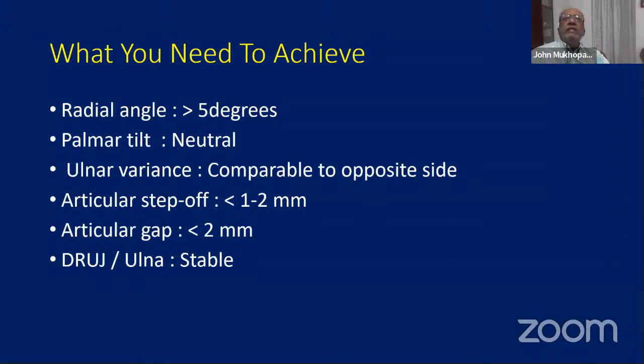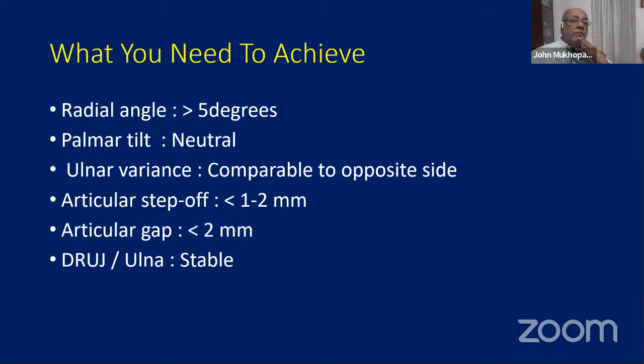Now, when you're treating them, whether you're treating operatively or conservatively, you need to try and get a radial angle of at least 5 degrees. A palmar tilt should at least be neutral. You want it 10 or 11 degrees volar, but at least it should be neutral. The ulnar variance should be comparable to the opposite side.